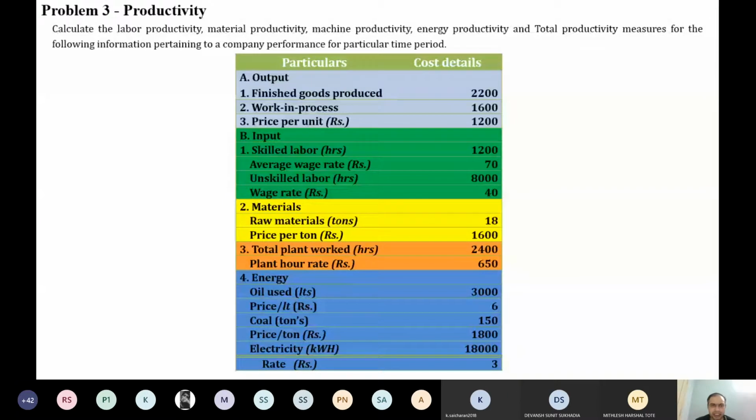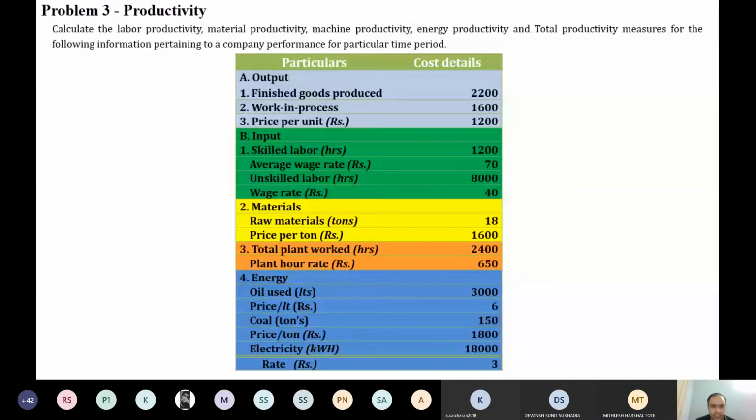But when you are considering the labor input, both skilled labor and unskilled labor, or any classification of labors, everyone has worked together to produce this product. So both have contributed in manufacturing this product. That's why we have to consider both skilled labor and unskilled labor in this calculation.